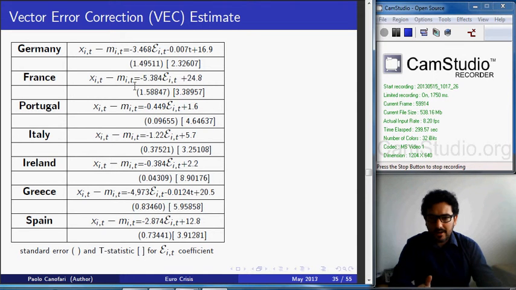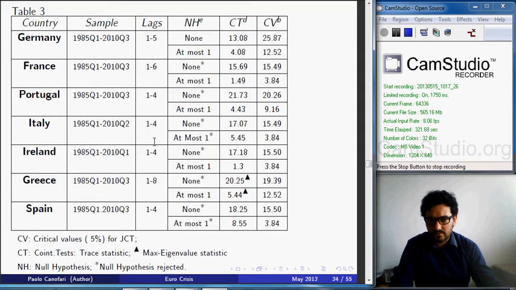So our gamma can be obtained from the vector error correction model. Here we can see the standard error and the statistics, in order to check if this parameter is significant, and this is a close substitute of the Marshall-Lerner condition.